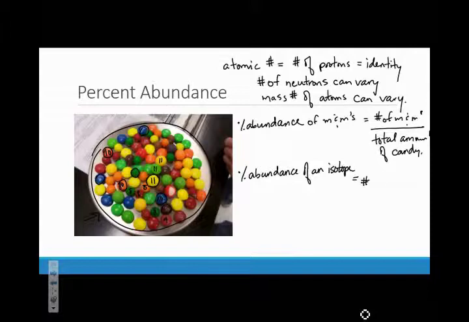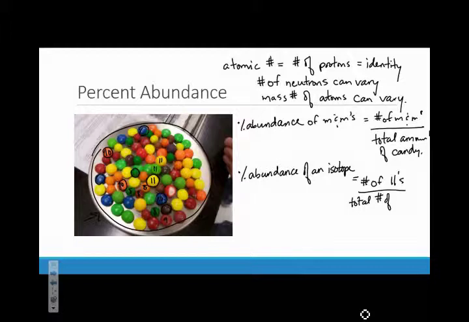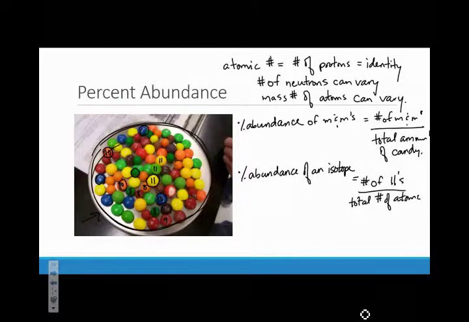So in our case, we might say the number of 11s divided by the total number of atoms. All right, so once we know the percent abundance of an isotope, then we can calculate the average mass of the candy, or in our case, of an atom.